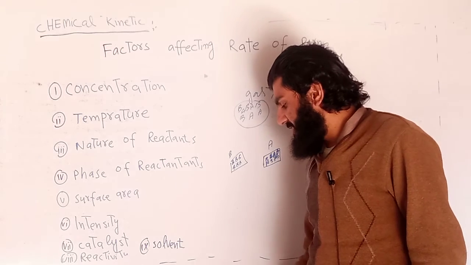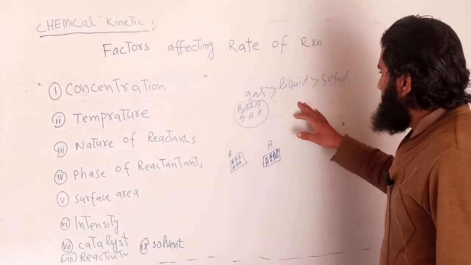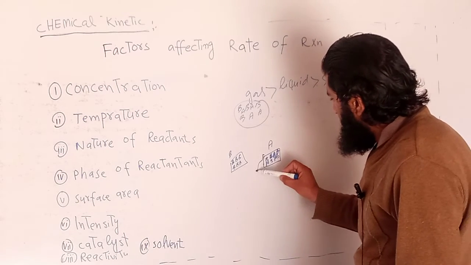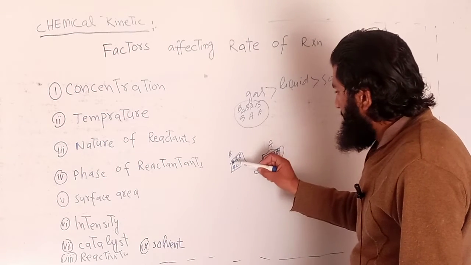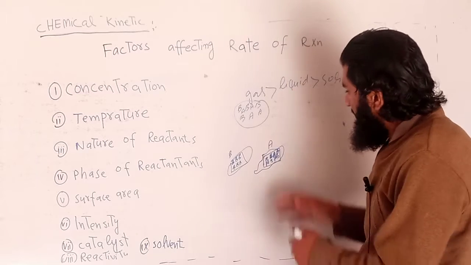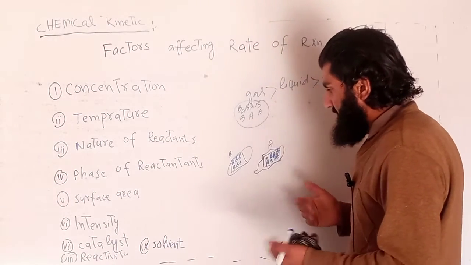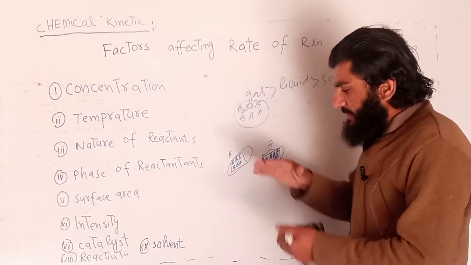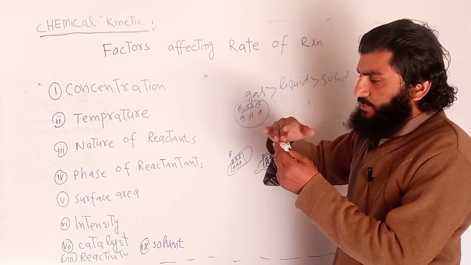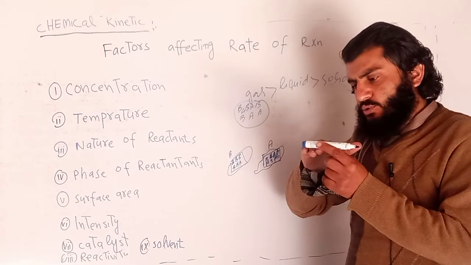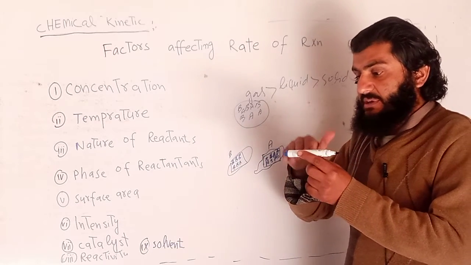Clear? The other type is liquid. In liquid you can see they are in molten form. It is not necessary that all molecules of A can react with B, because the upper molecules of A can react with the upper molecules of B, but the lower molecules cannot come in contact.